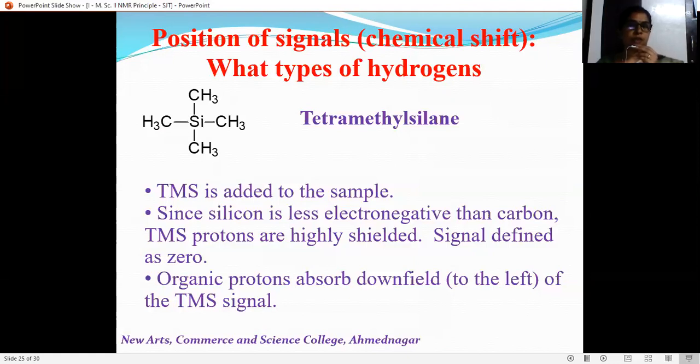So that's why the signals are recorded with reference to a reference compound. The reference compound signal is assigned a zero value, and how much shift the signal is showing from that value is recorded. So signals are recorded in terms of the shift.